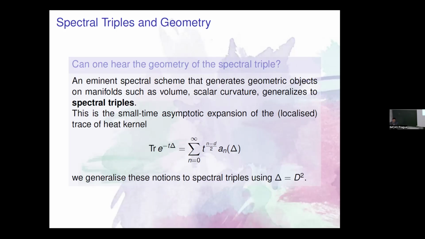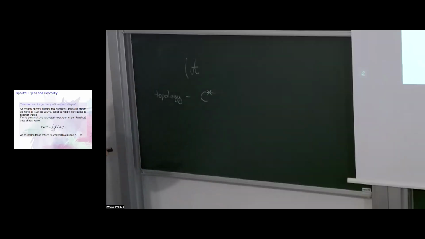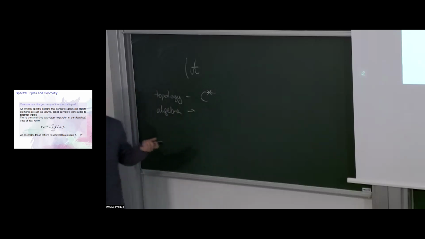And of course, this is the interplay between algebra and topology. When you play topology, you usually use C-star algebras. When you play pure algebra, you use some basis.